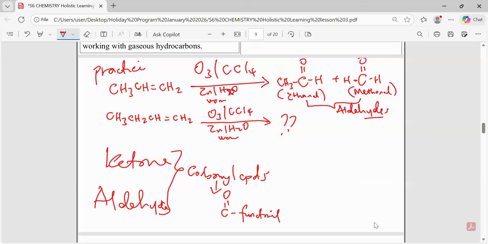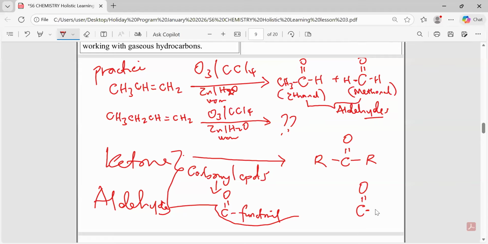Now, for ketones, this carbonyl group is between other alkyl groups, while for aldehydes, this group is always on the end, and then you have the alkyl group this side. Is that one clear? Yes, thank you, teacher. You're welcome.